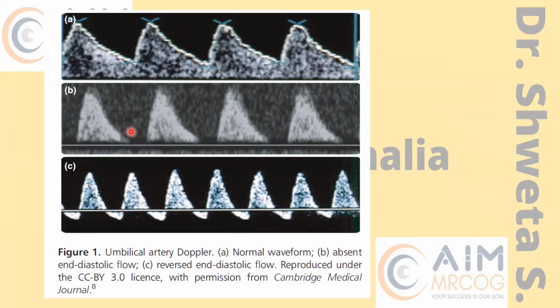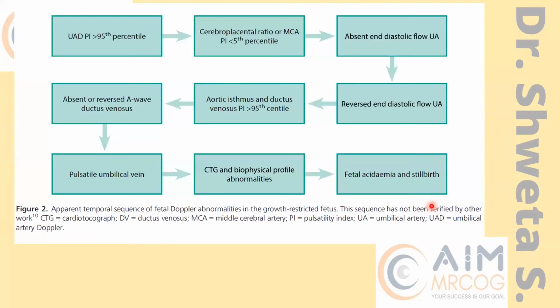Here you can see that diastolic volume is absent, and here you can see that it is reversed. So this is the most important Doppler flow, the umbilical artery Doppler, to time the delivery and to do the surveillance for the baby.